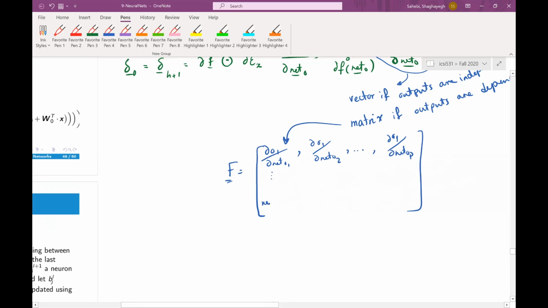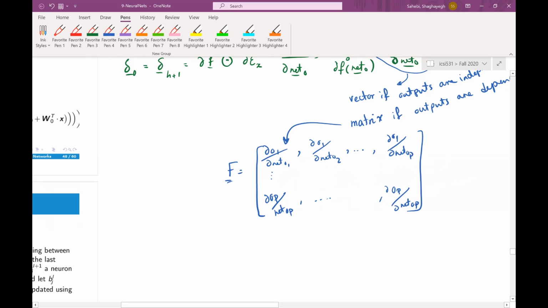Continuing, also the derivative of OP with respect to net O1, etc., and the derivative of OP with respect to net OP.